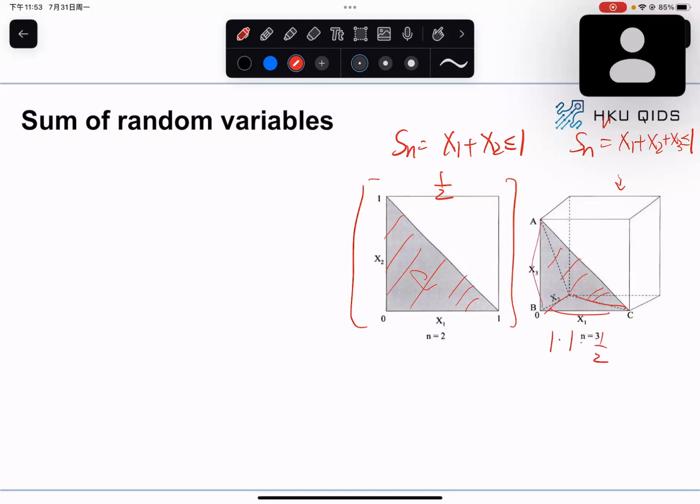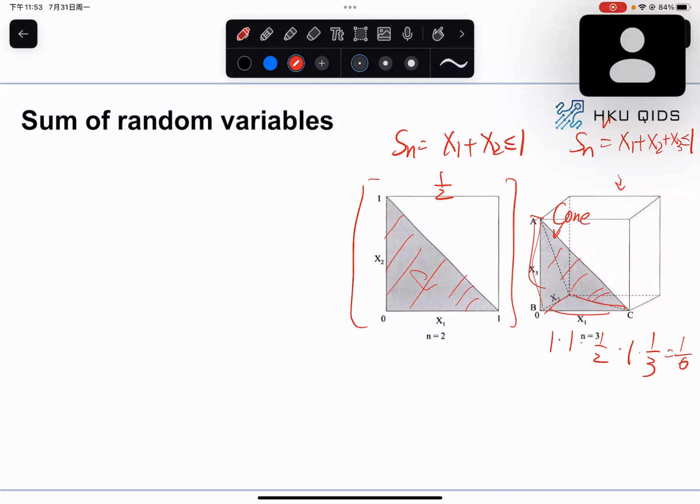And this one is just 1 multiplied by 1. Since this is a cone, we need to multiply by another 1/3, and this gives us 1/6.